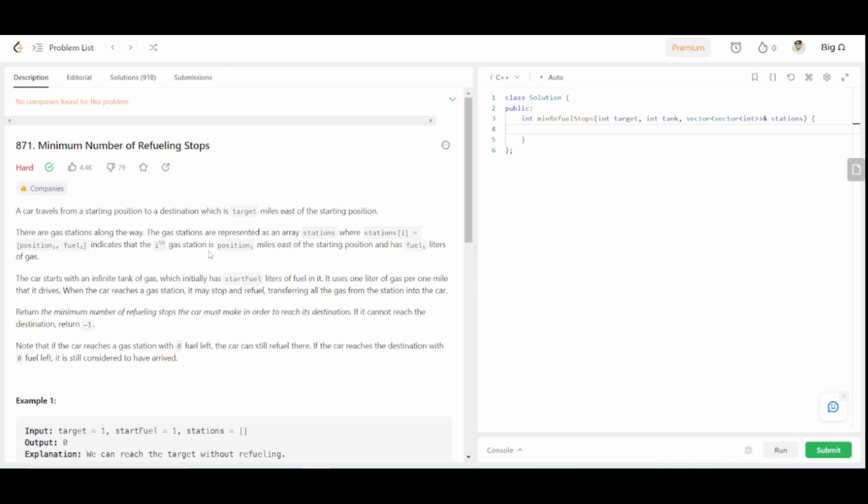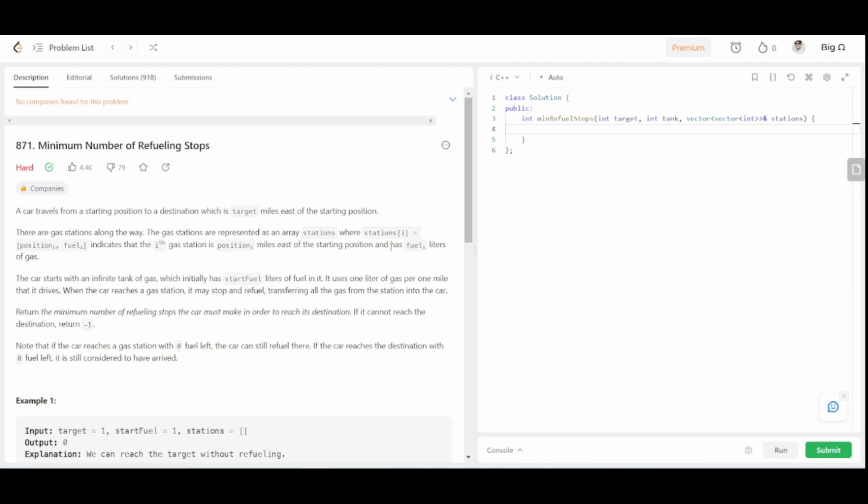The first integer is the position, which is basically an integer which represents the number of miles east of the starting position. Now the car starts with an infinite tank of gas. That means we can put any amount of gas into the tank of the car, and which initially has startFuel liters of fuel in it. So initially we have startFuel liters of fuel in the given gas tank.